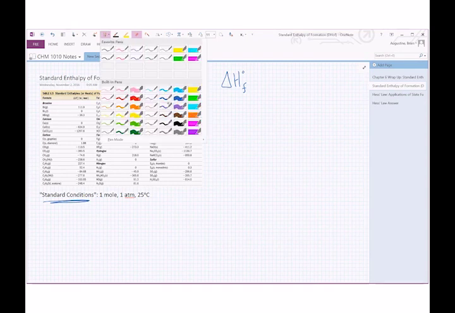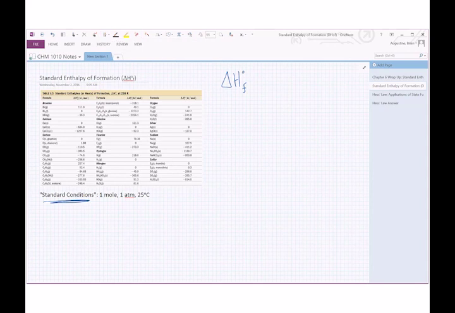And that specific case is that an element in its most stable form at 25 degrees C and 1 atmosphere pressure, we are going to say delta H sub F is equal to 0 kilojoules per mole for that particular element.